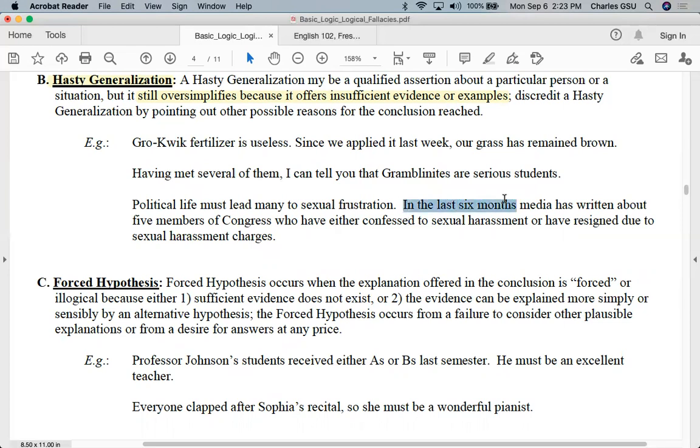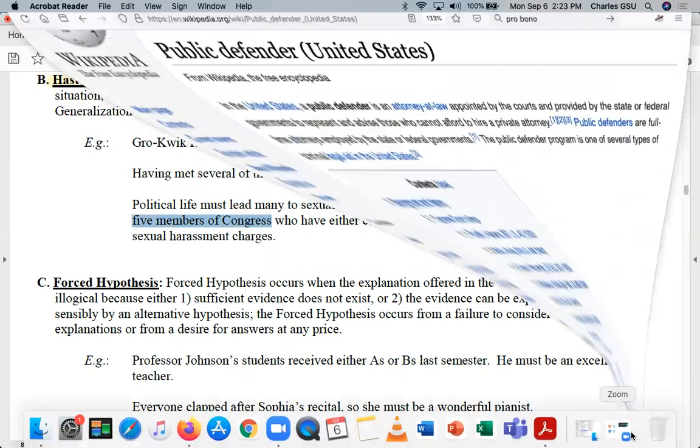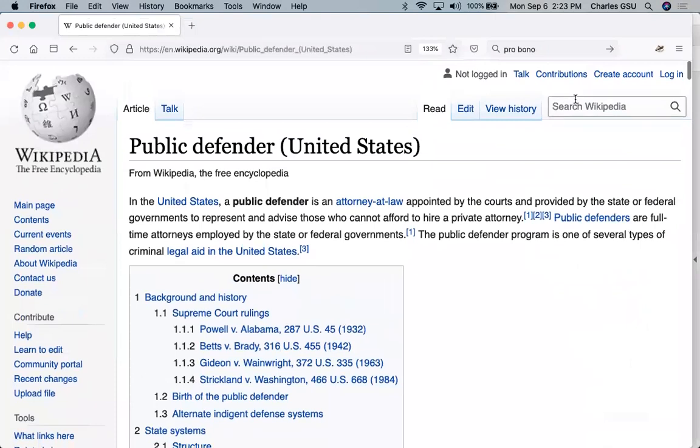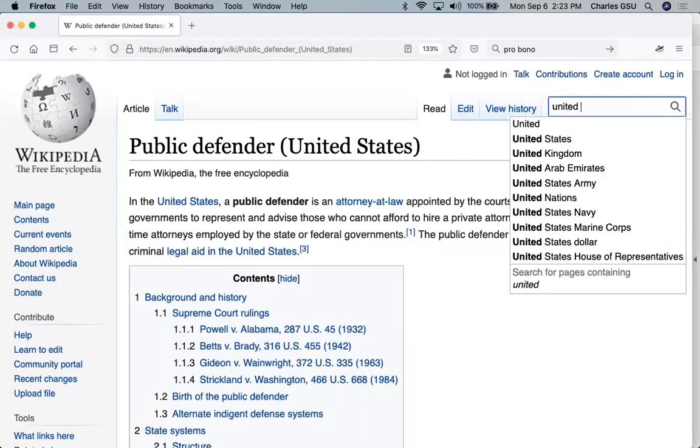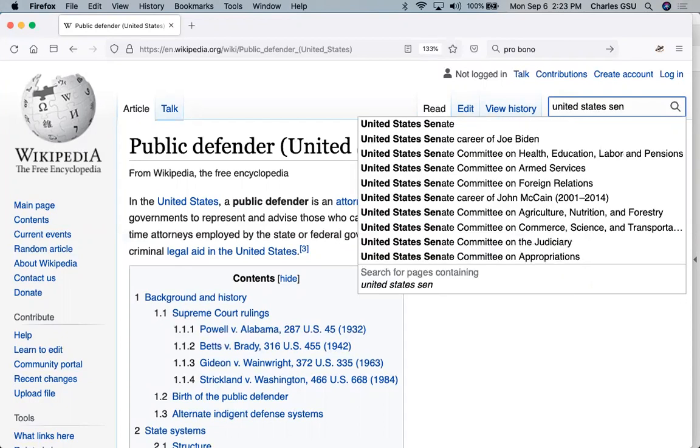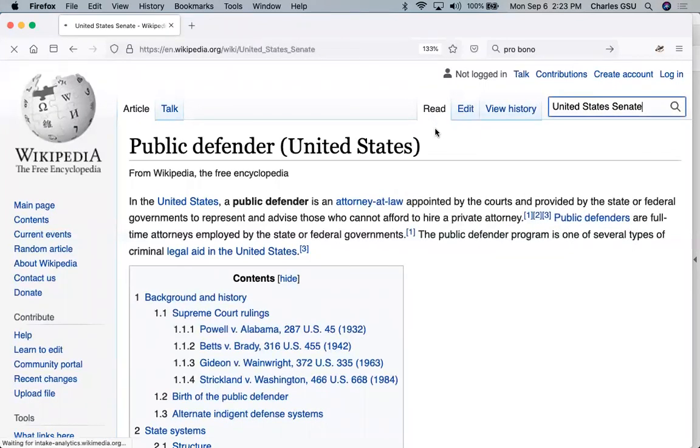In the last 6 months, which is a duration of time, like the week in the fertilizer example, the media has written about 5 members of Congress who have either confessed to sexual harassment or have resigned. This is not enough evidence because Congress, used collectively, meaning both the United States Senate and the House of Representatives, is a much larger body than 5 people.